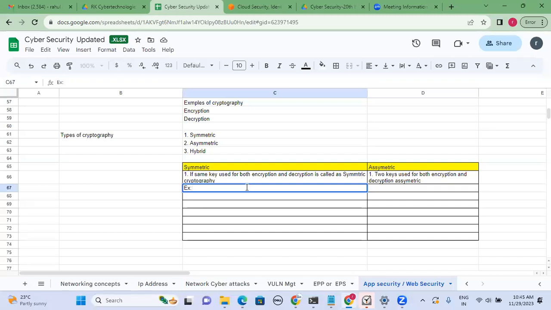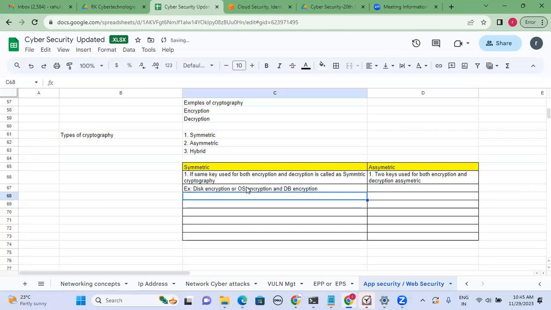Disk encryption, OS encryption and database encryption fall under symmetric, because the same key can be used for both encryption and decryption.